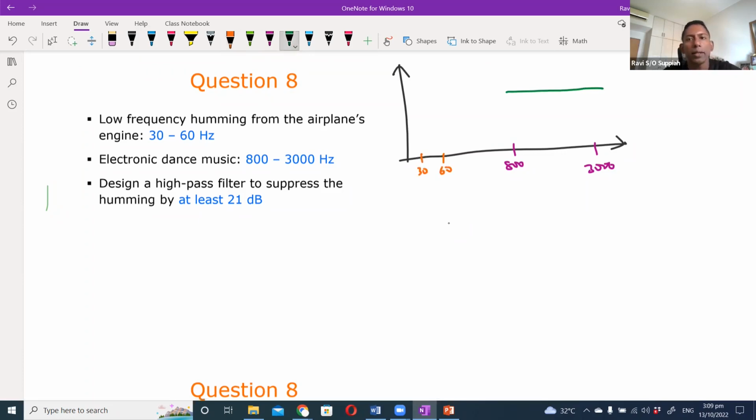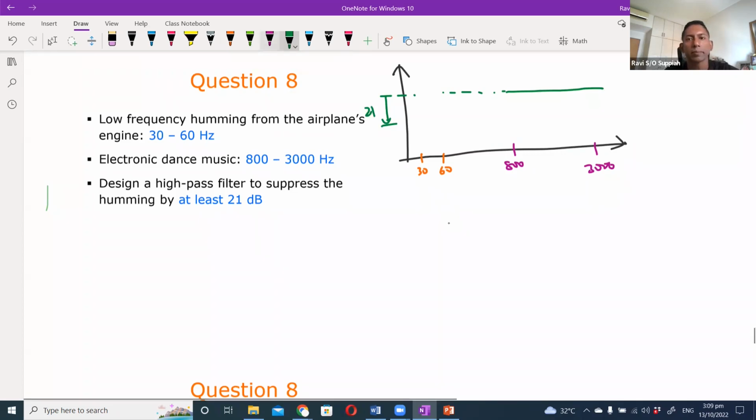So what I want is to make sure that whatever gain I'm getting here has to drop by at least 21 dB at the point of the noise.